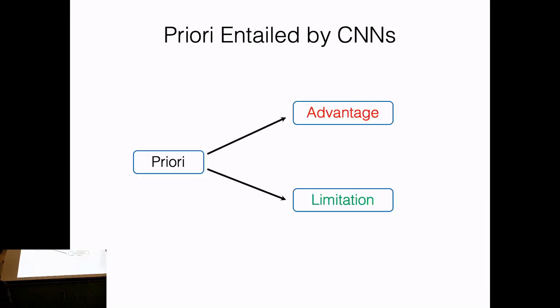So I just want to claim that the priors entailed by your network could be one kind of advantage of your model, but it also could be a kind of potential limitation of your model.